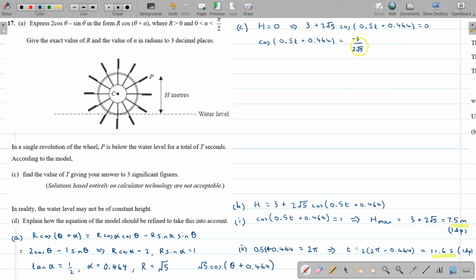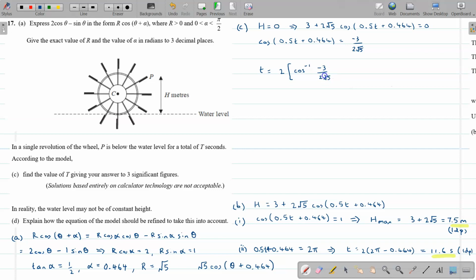And what I'm going to do before I show you that is just rearrange that slightly to make t the subject. So from that it would mean that t would be 2 times the inverse cosine of, I'll need to put that in a big bracket, negative 3 over 2 root 5, minus 0.464.